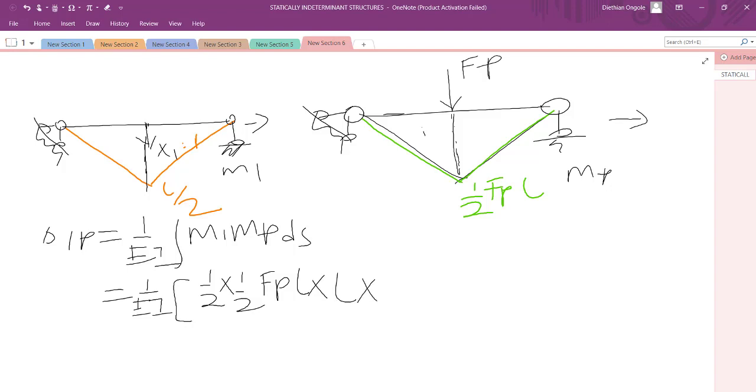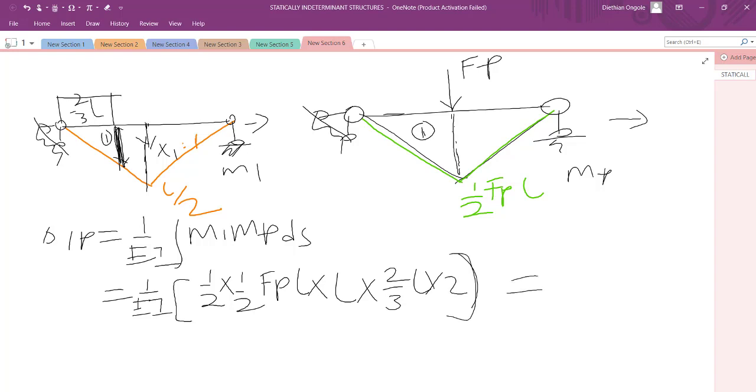For the y, I come to this triangle here, so the y would be at the center of the triangle, at a length 2 over 3 of L. Using similar triangles, we find that this height y is given by 2 over 3 L. Then times 2, because there are 2 triangles.